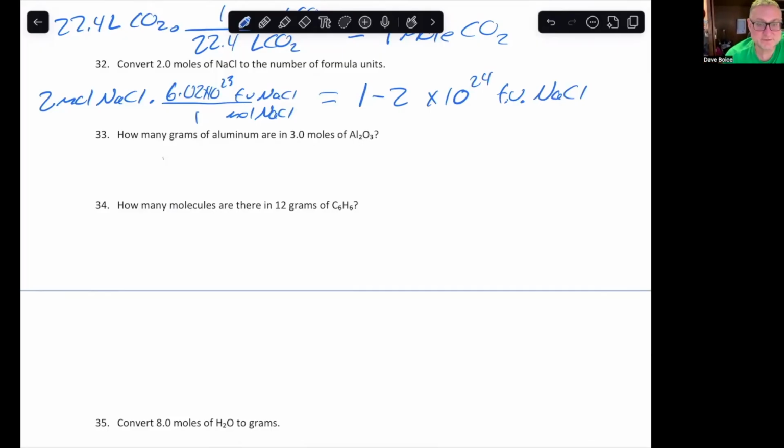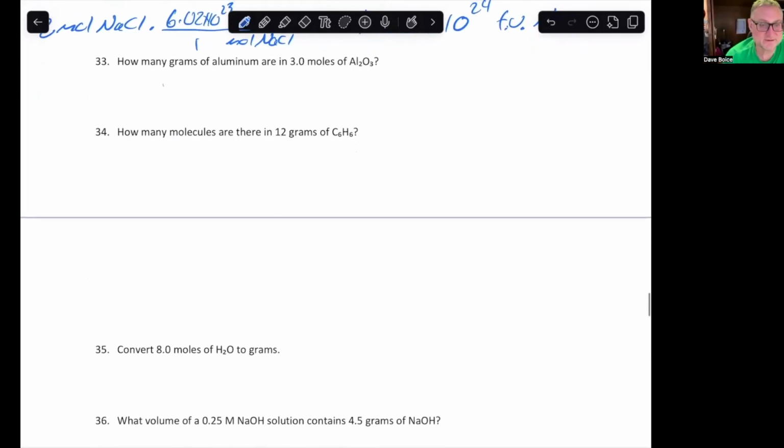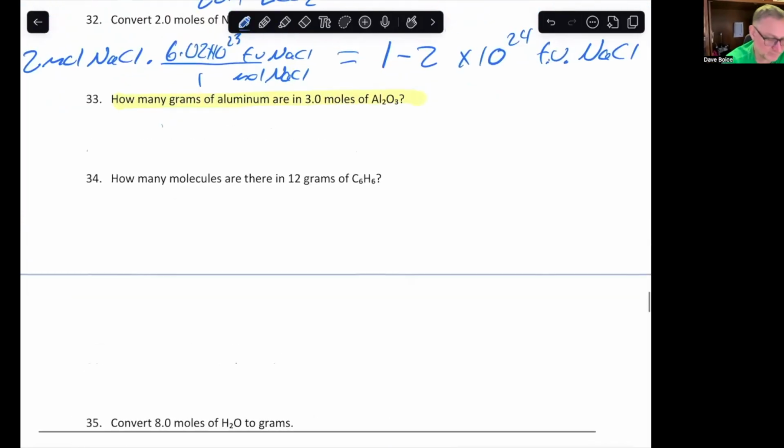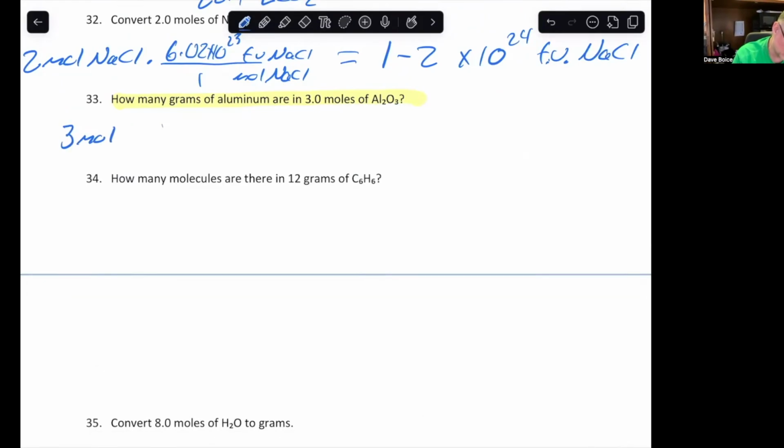How many grams of aluminum are in 3 moles of aluminum oxide? Okay, so this one, pay attention. This one you kind of have to make up your own step here. So I have 3 moles of aluminum oxide, Al2O3.